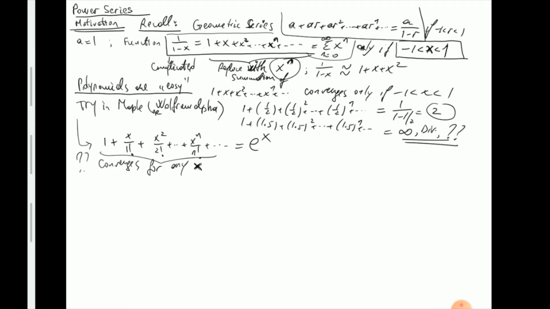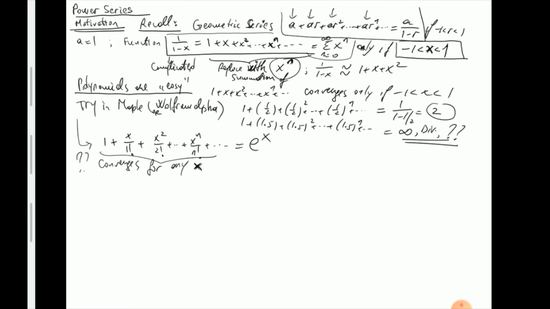Another thing I wanted to notice before we move on to the main definition and some examples is that both of these examples are essentially power series that involve powers of x. Now the coefficients may not be just constants like in the case of a geometric series. Notice that in the case of a geometric series, those coefficients are all equal to a, whether a is 1 as in my example or any other value.